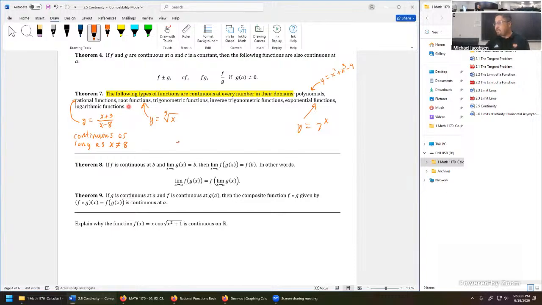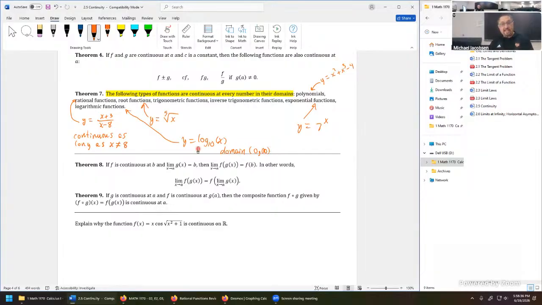And last, logarithmic functions, say y equals log base 10, or the natural log if you want base e, of x. This one's completely continuous on its domain. Just have to be mindful that the domain of any logarithm is going to be from 0 to infinity.